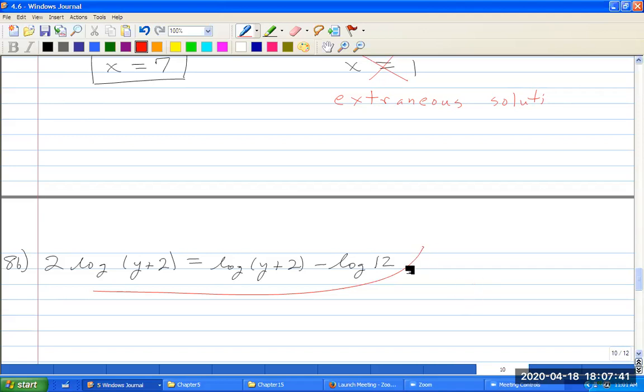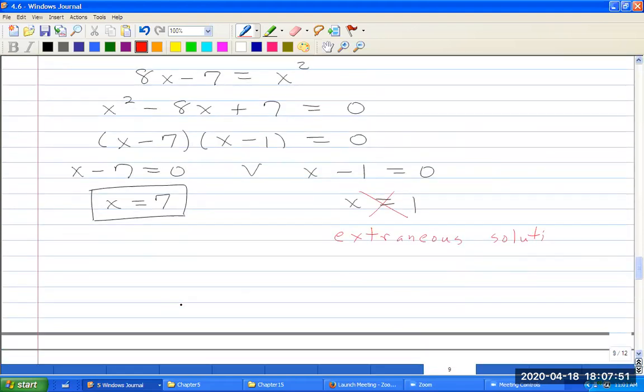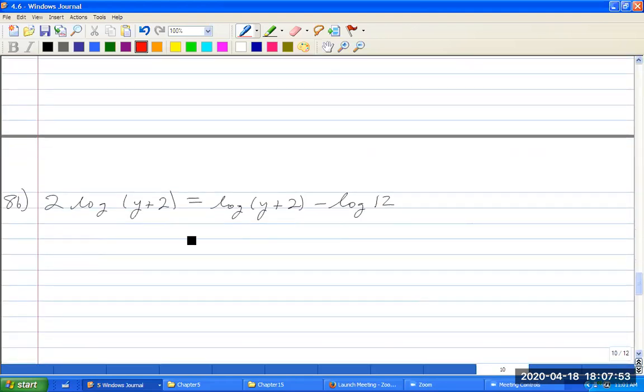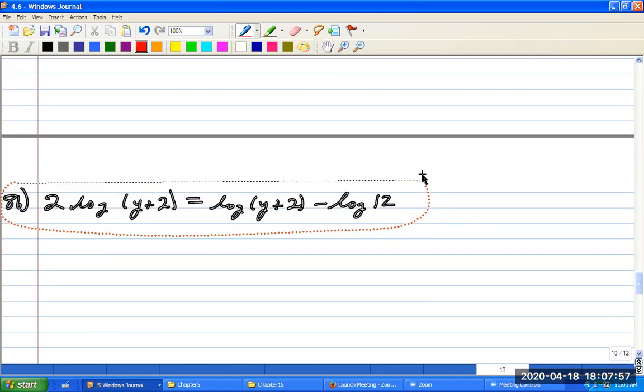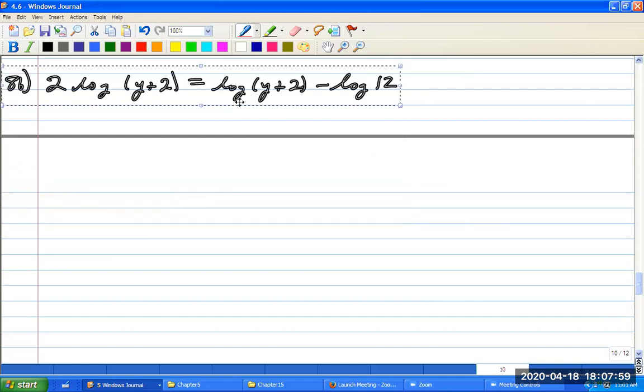Okay. For some reason it doesn't want to get rid of this. Oh, maybe it has gotten rid of it, just not showing it. Okay, so let me do problem number 86.